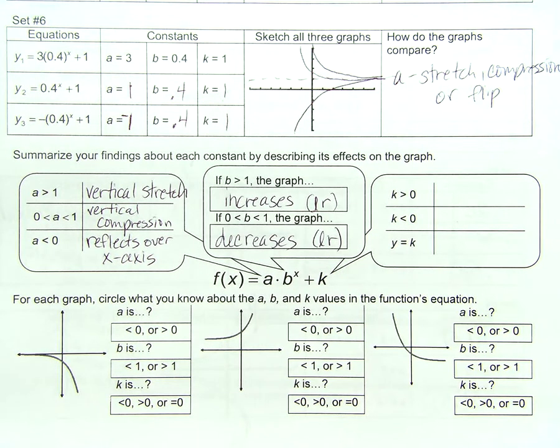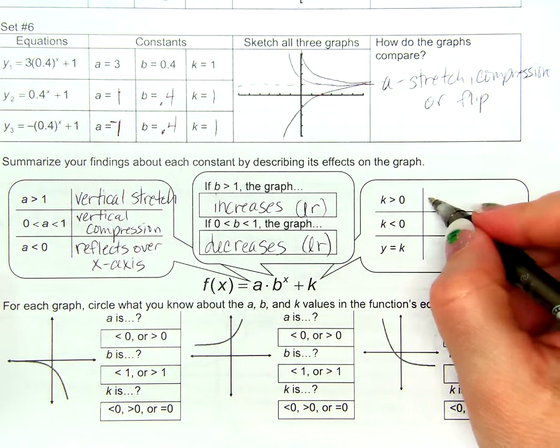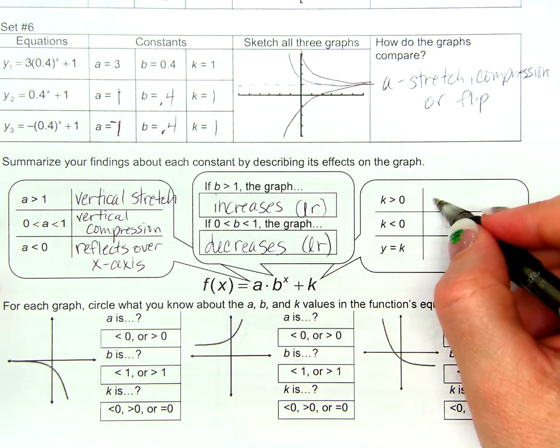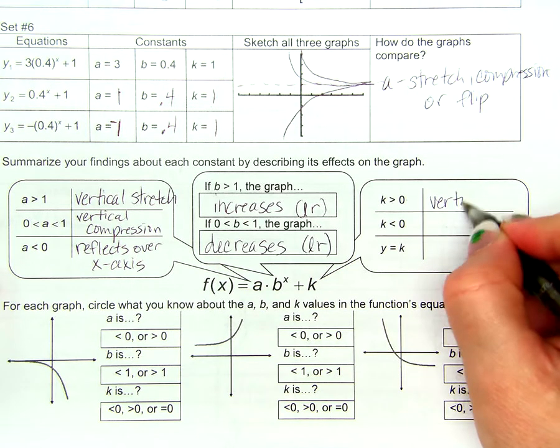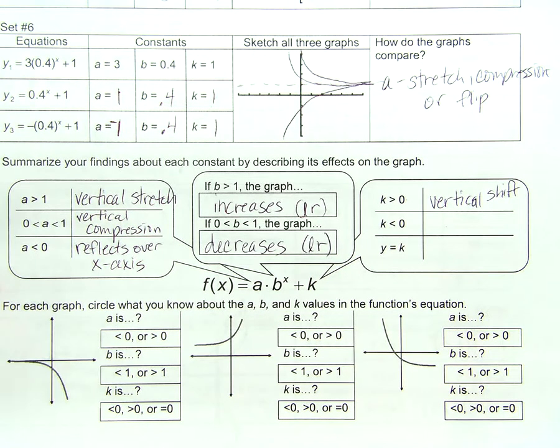What about K? So if K is greater than 0? I promise I'm not making fun of you. But we're never ever going to have a vertical shift to the right, because remember, vertical's up or down. Vertical shift up.